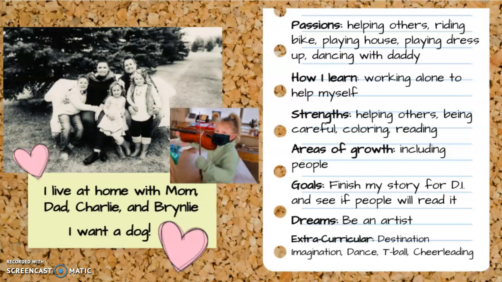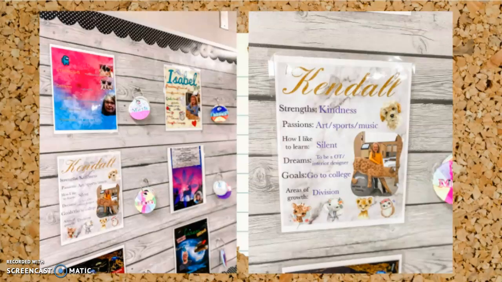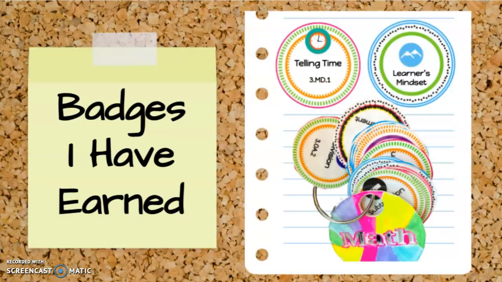Another thing that I do, that you probably saw, is these little badges. This is another thing that you could add next to the profile, or have them displayed. I'm also thinking, if there's a way for me to do it digitally again next year, that would be really awesome.